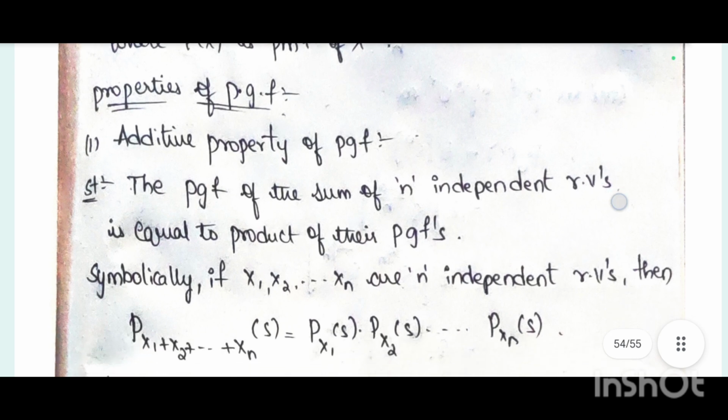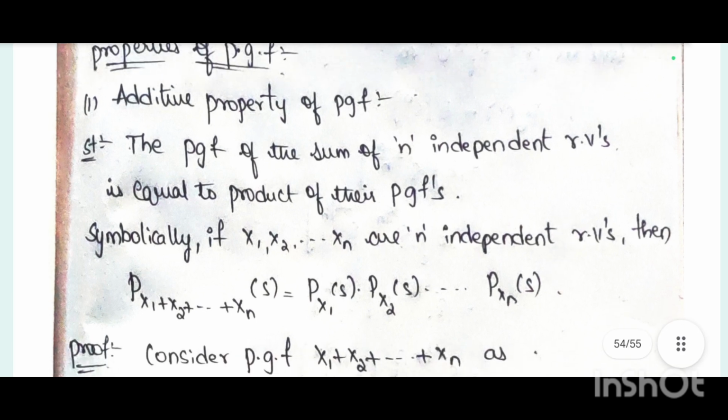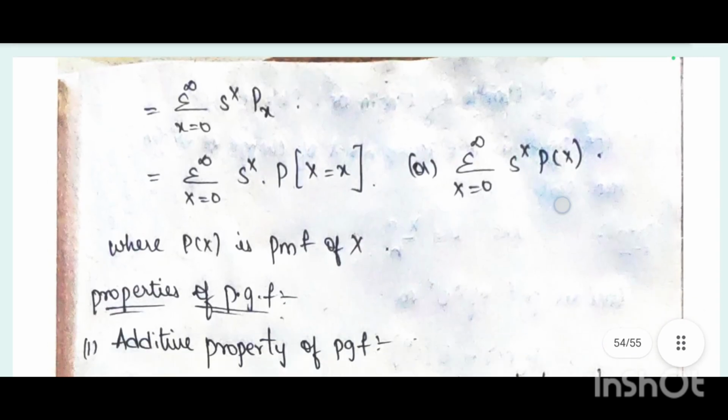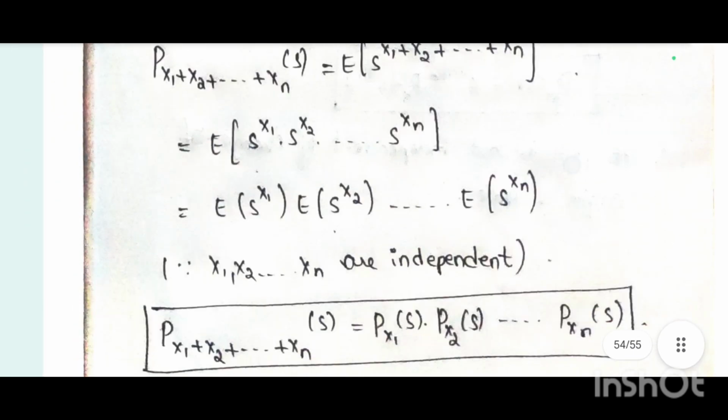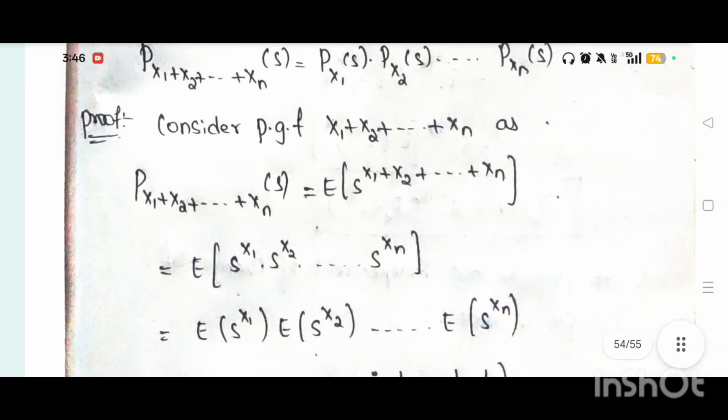Next, look at the properties of the probability generating function. The additive property of the PGF: the sum of n independent random variables is again a probability generating function. So P of x1 plus x2 plus x3 and so on xn is equal to the expected value of s to the power of x1 plus x2 and so on xn.